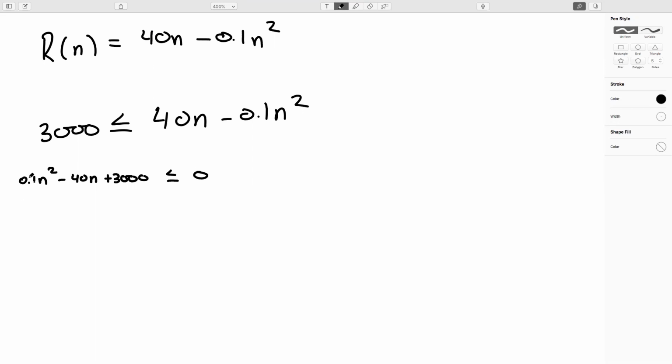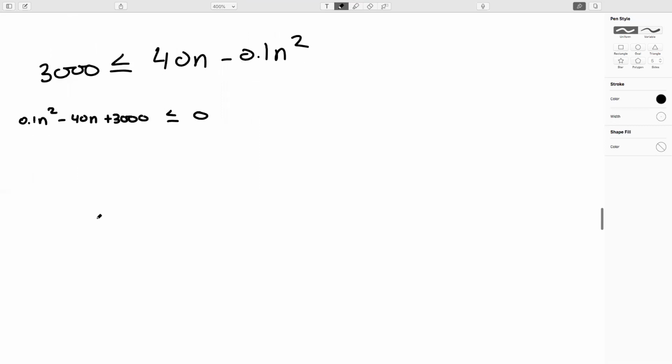Now, I don't want to factor something with 0.1 as my leading coefficient, so I'm going to factor it out, 0.1. When you divide by 0.1, it's like multiplying by 10. So this is going to become n squared minus 400n plus 30,000 is less than or equal to 0.